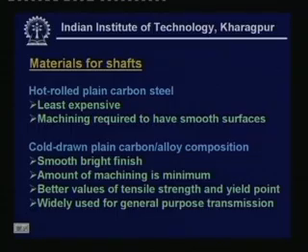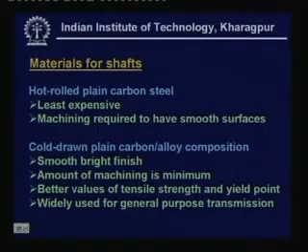Here we are giving more attention to the common ferrous materials used widely for machine components, in particular shafts. The first one pointed out is hot rolled plain carbon steel, which comes in category number 1, and its advantage is that it is least expensive.